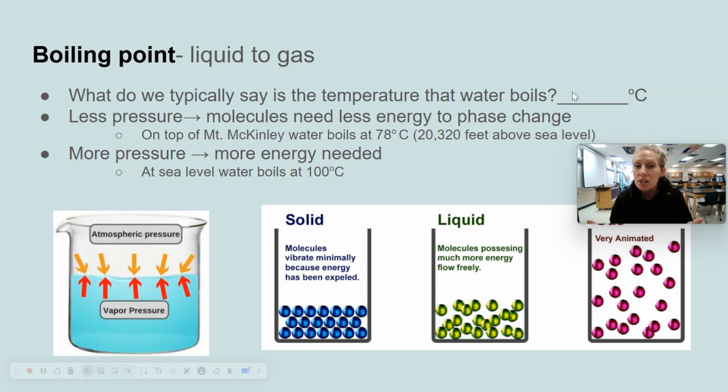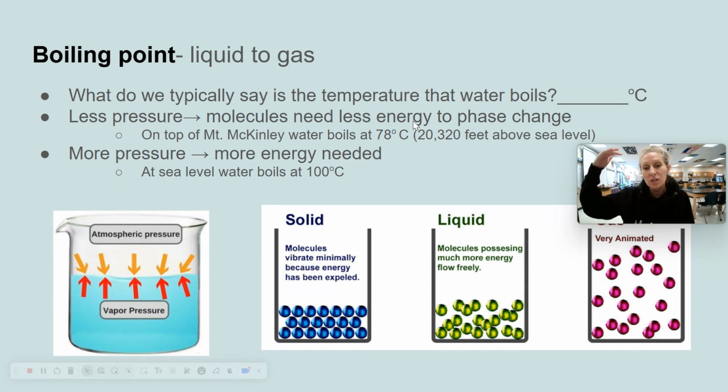So what do we typically say is the temperature that water boils, right? 100 degrees Celsius. That's what we say, or 212 Fahrenheit. But when you go into higher altitude, there's less pressure pushing down on that water. So molecules already can phase change a lot easier. Molecules need less energy when there's less pressure pushing down on them.